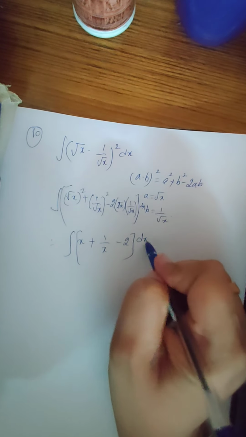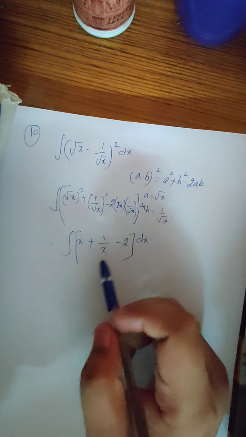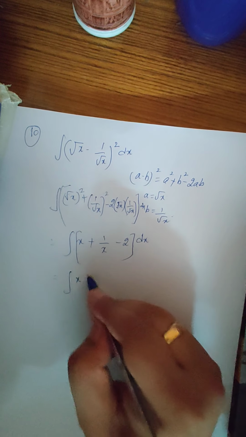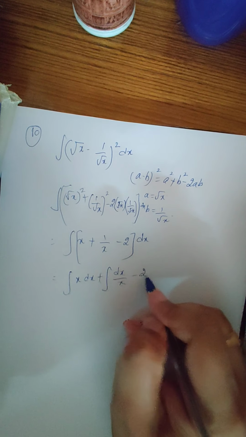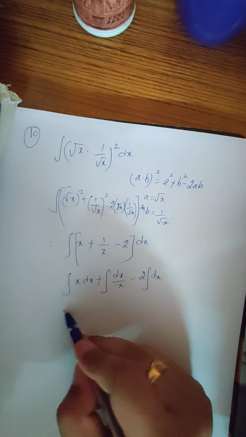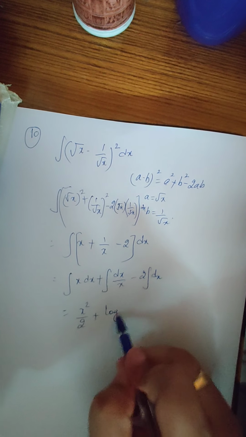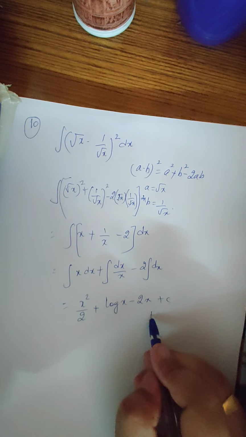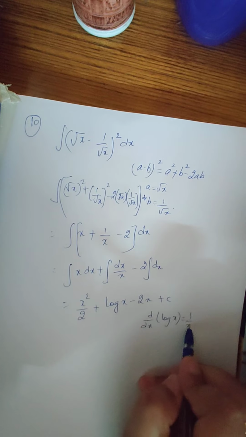This is just the simplification, students. So you can either write separately or you can write within this, no problem. So integration of x dx plus integration of dx by x minus 2 integration of dx. So this will be x square by 2 plus log x minus 2x plus c. How did we get that, students? d by dx of log x is 1 by x.